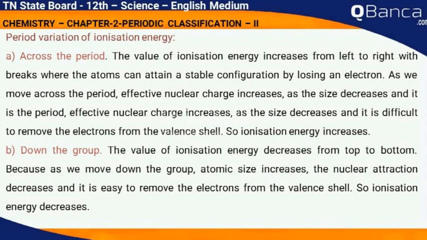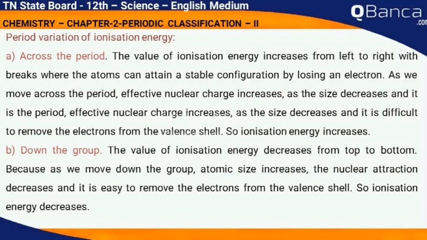Period variation of ionization energy. Across the period, the value of ionization energy increases from left to right with breaks where the atoms can attain a stable configuration by losing an electron.